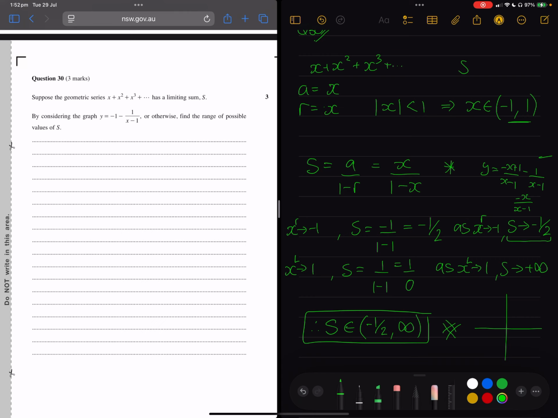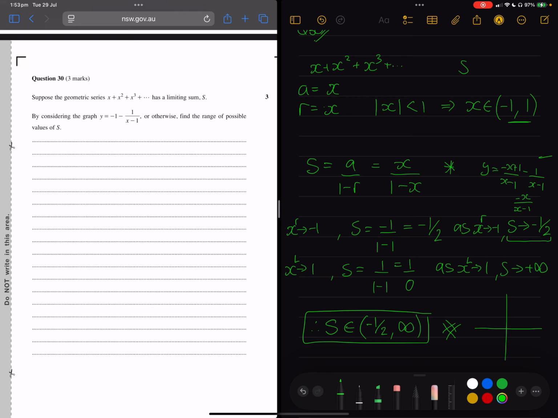So if we draw this function, this is going to give us a hyperbola. It is shifted by 1, so shifted down and across.